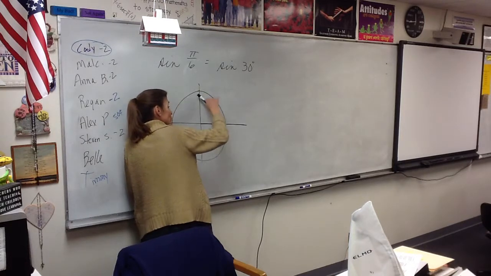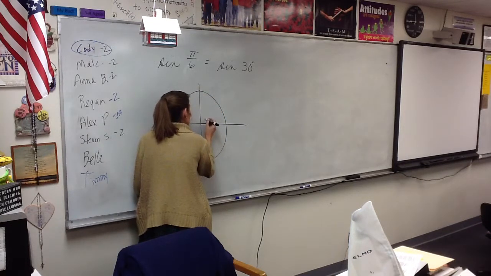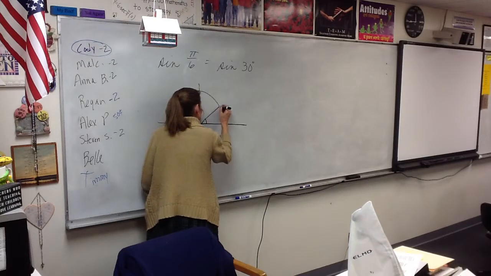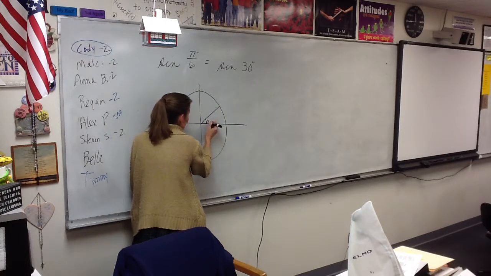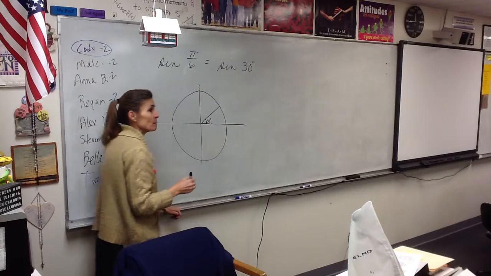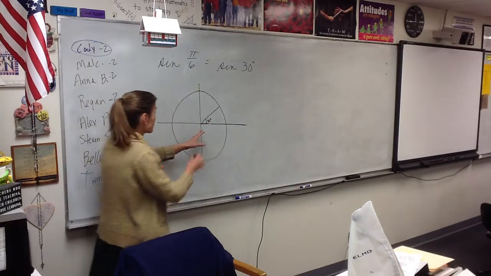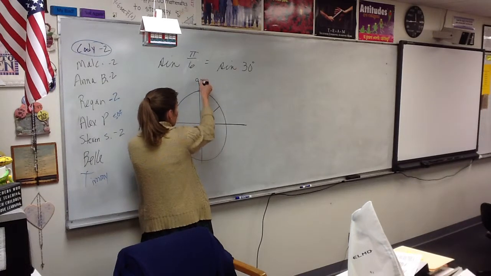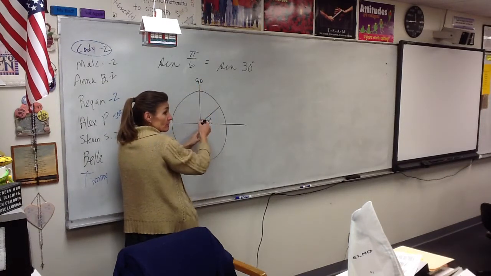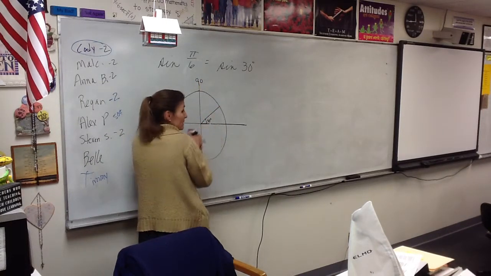And I'm going to go up. That's the positive direction. So if I go up 30 degrees, would you agree that that angle is about like that? It doesn't have to be perfect. Yes. Because if I went all the way to here, that would be 90, right? And I'm not going that far, I'm only going 30.